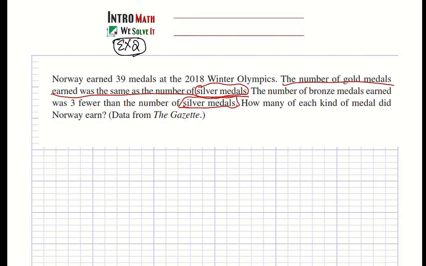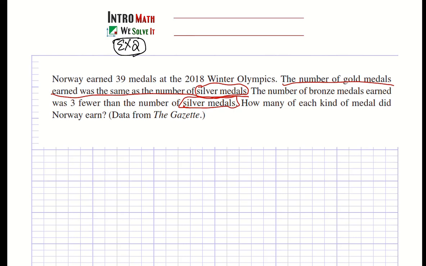Then it says the number of bronze medals earned was 3 fewer than the number of silver medals. How many of each kind of medal did Norway earn? They're comparing apples to oranges, and then oranges to something else, maybe pears. That's what is going on in most of these problems.